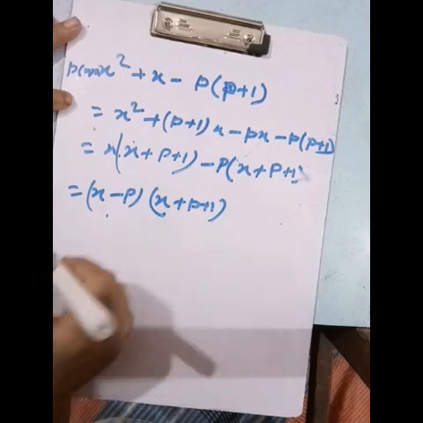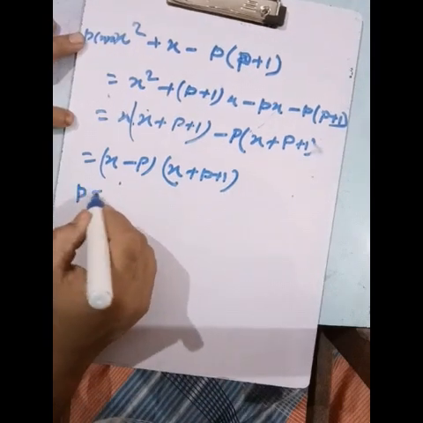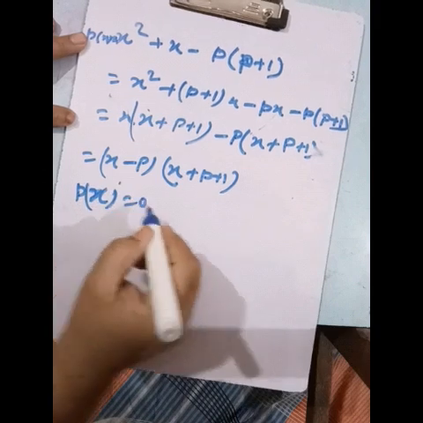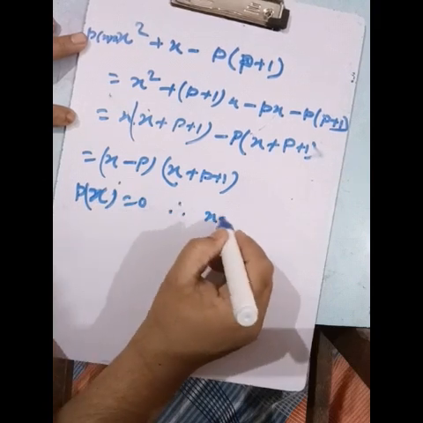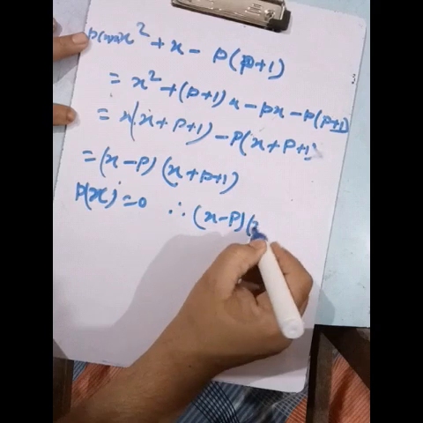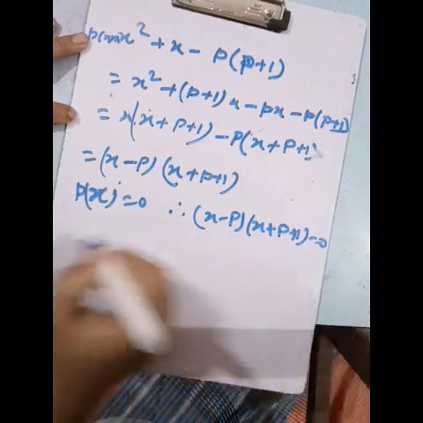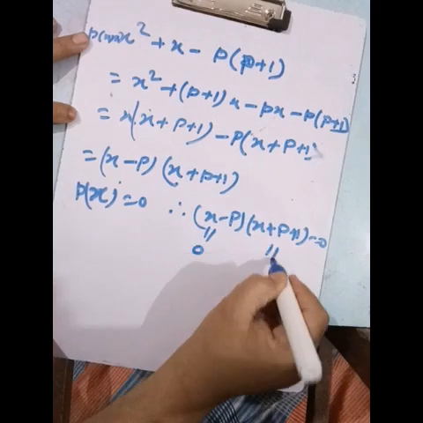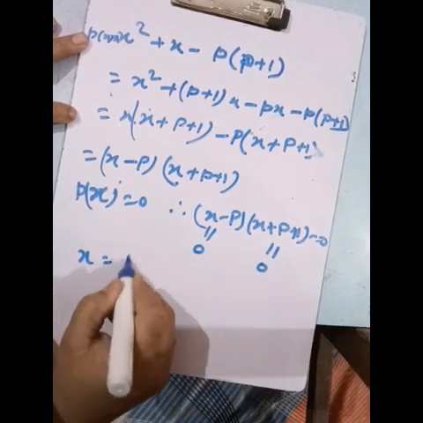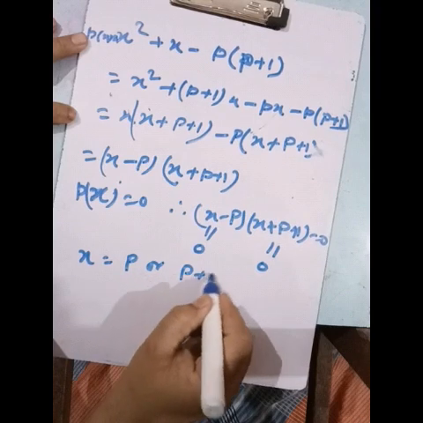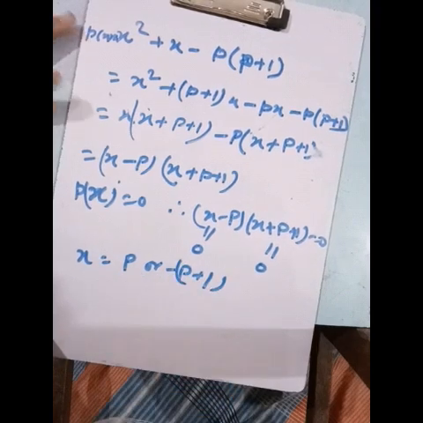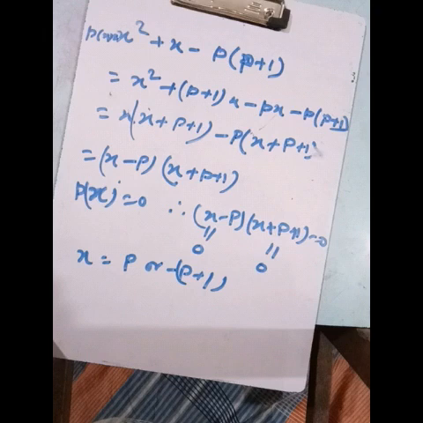So both will be taken 0, as p(x) is equal to 0. Since p(x) is equal to 0, therefore x minus p into x plus p plus 1 will be 0. So this will be 0 and this will be 0. So you will get x is equal to p or p plus 1 with negative sign. So these two will be our answer.